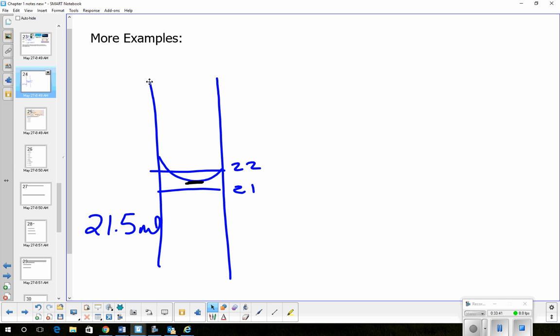Okay, so area 1, area 2, area 3. Area 1, area 2, area 3. One, two, you're 3, so you're here.